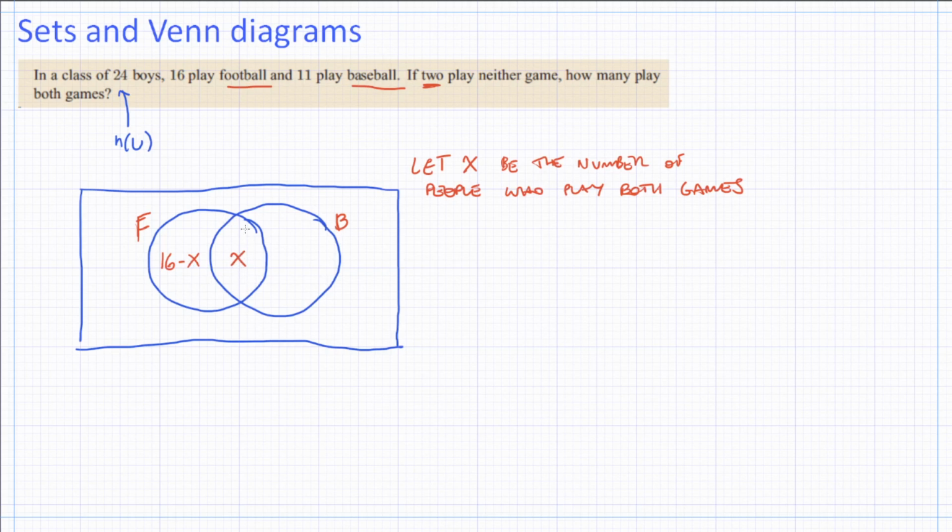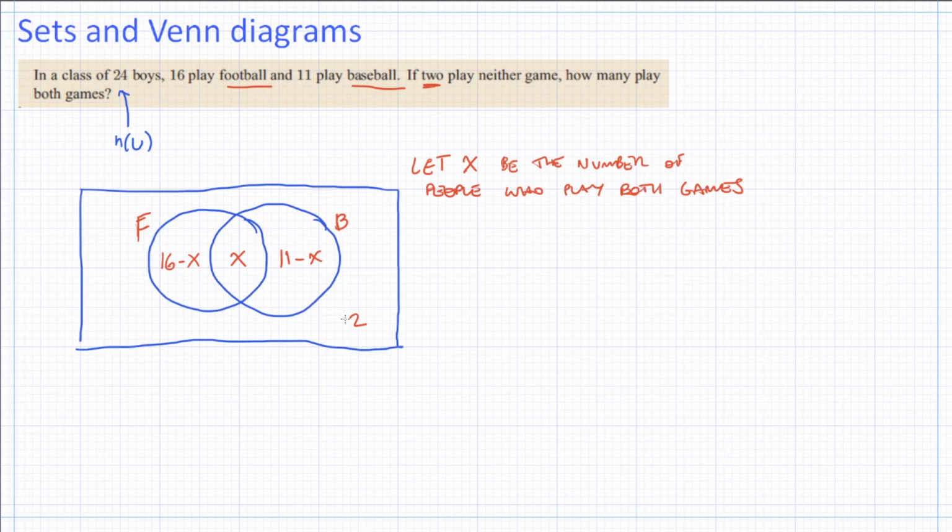For example, if 2 people play football and basketball, and 16 play football, only 14 would play only football. Well, in baseball, it's 11 minus X. It's the same principle. If X people play football and baseball, the people who play only baseball are going to be 11 minus X. Right? And here outside is 2. We know that 2 people are outside.